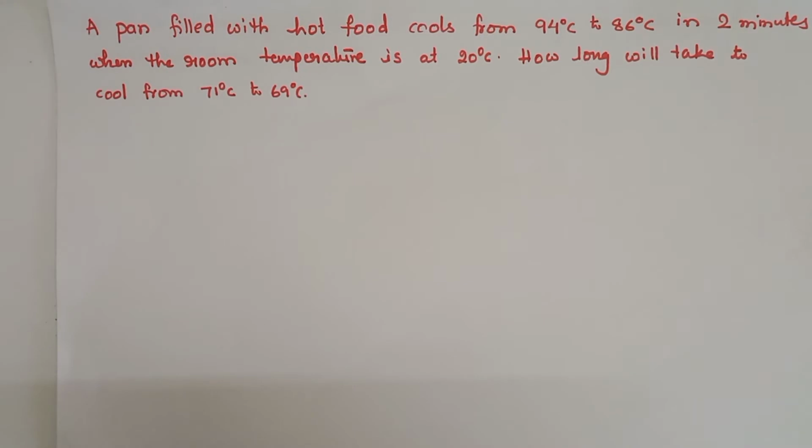A pan, like a utensil having hot food, is cooled from 94 degrees to 86 in 2 minutes. Of course, room temperature in this environment is 20 degrees centigrade. How long will it take to cool from 71 to 69?